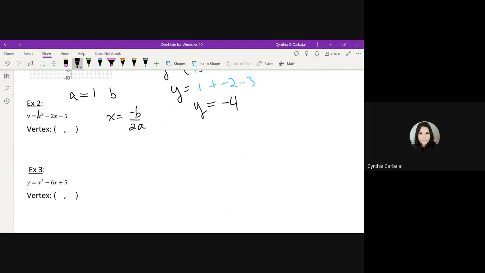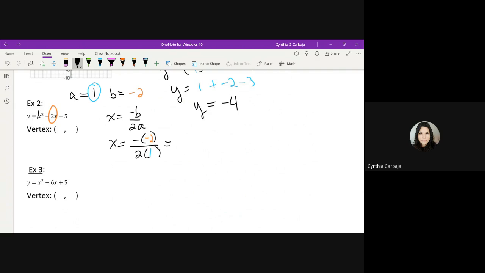Then b here is whatever's next to the x, and that's going to be -2. Okay. And then we're going to substitute it into this equation. -b over 2a, and b is -2, and a is 1, right? A is 1.